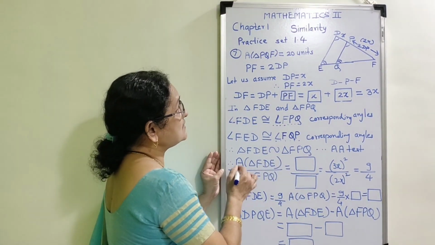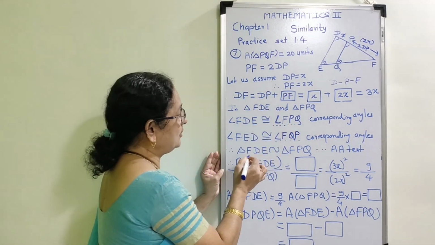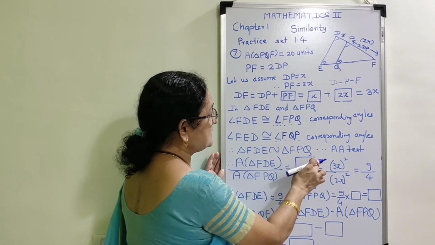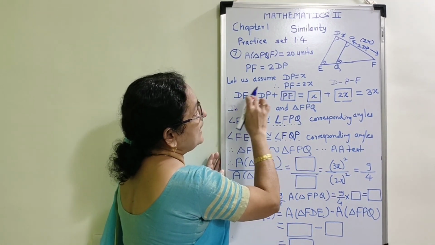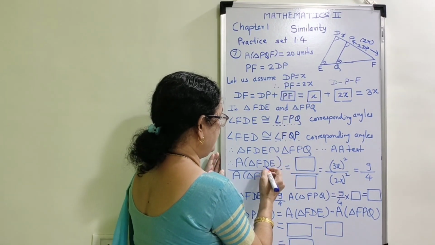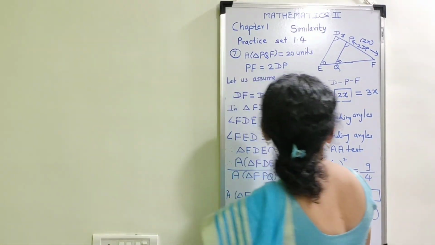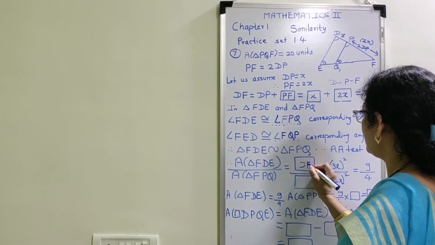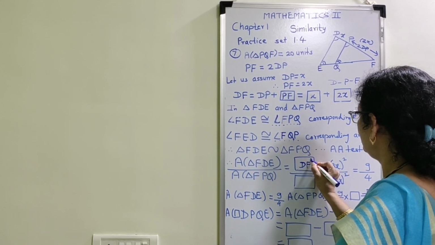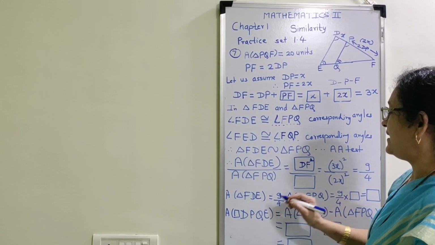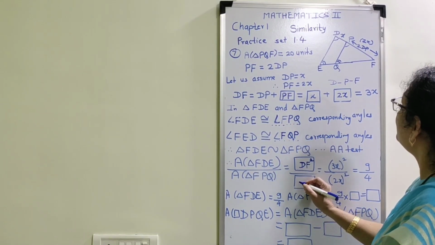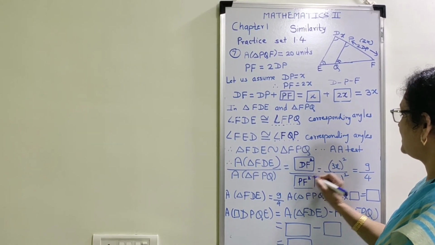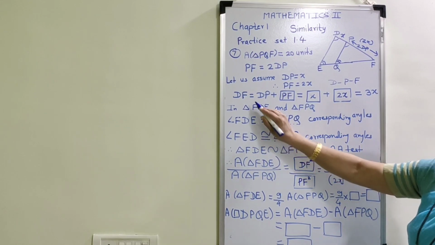The corresponding sides are DF and FP. So the area of triangle FDE upon the area of triangle FPQ is equal to DF square upon FP square.